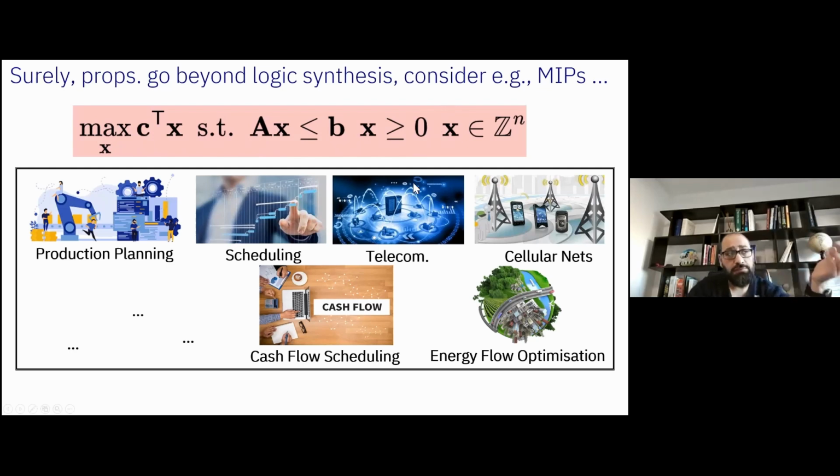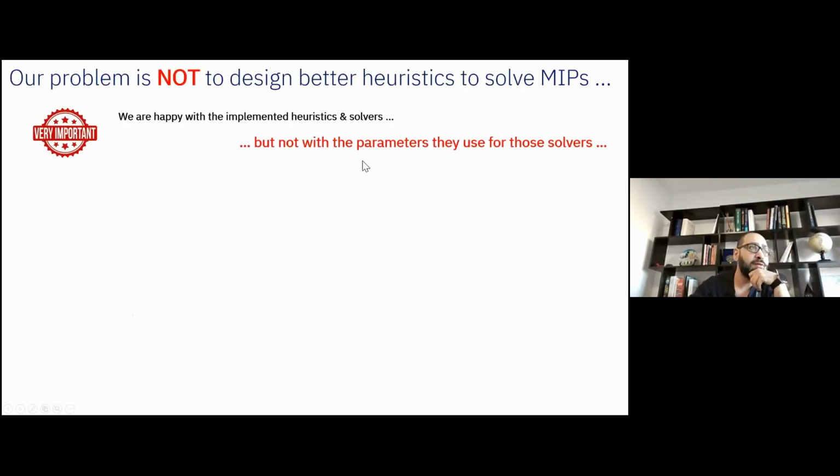Now it turns out that this problem has huge applications in industry, going from production planning to scheduling to telecommunication, even to energy flow optimization. So if we can solve this problem very well, we can enable many applications. Now, the point is this: this is a very old problem, and people have studied it for a very long time.